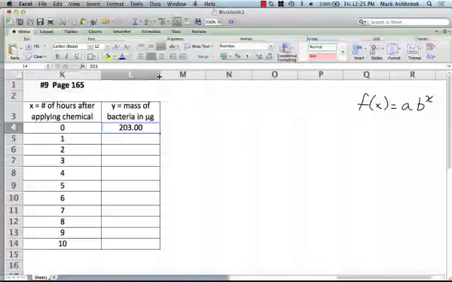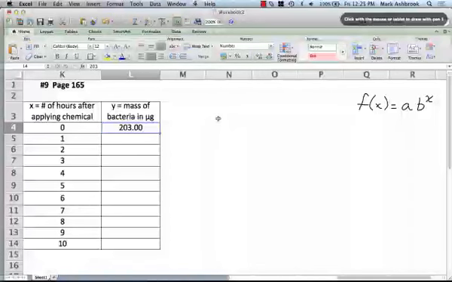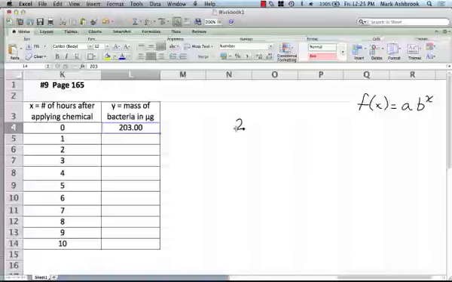Cool. So what's different about this one? Decay, decrease. So how much is it decreasing? 12%. So I'm going to take 203 times 0.12.